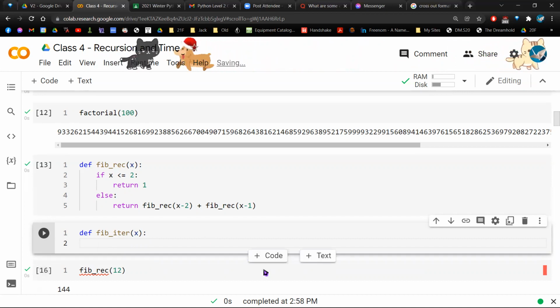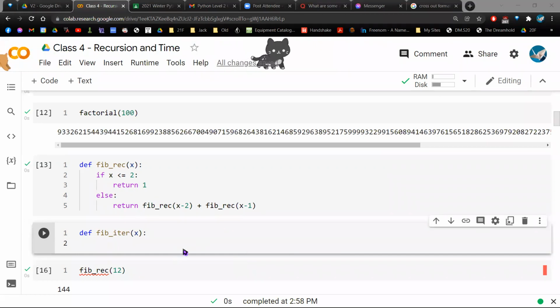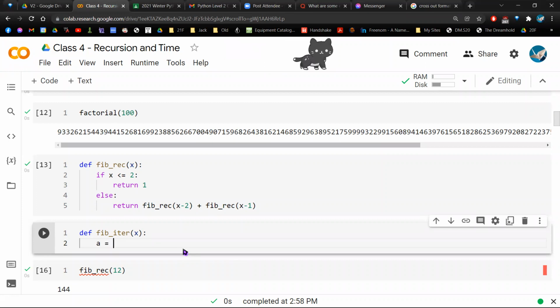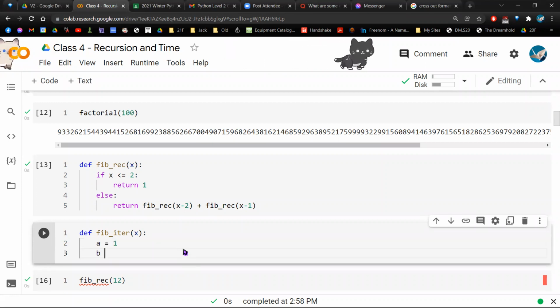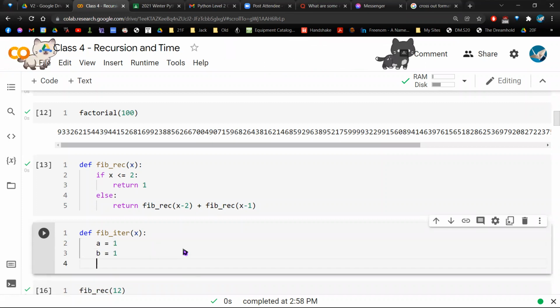So we can start with 1, 1 and work our way up. So I'm going to use A and B. So A equals 1, B equals 1. And then we can just repeat this calculation essentially X times. You have to be a little bit careful with how many times you repeat it.